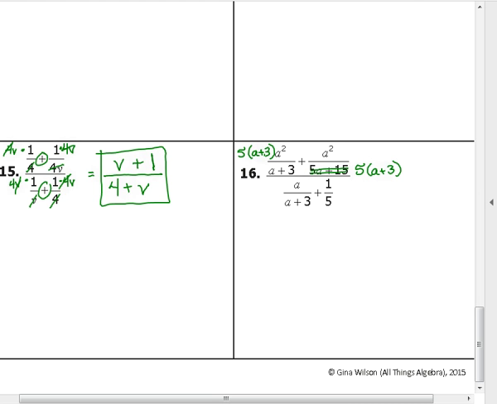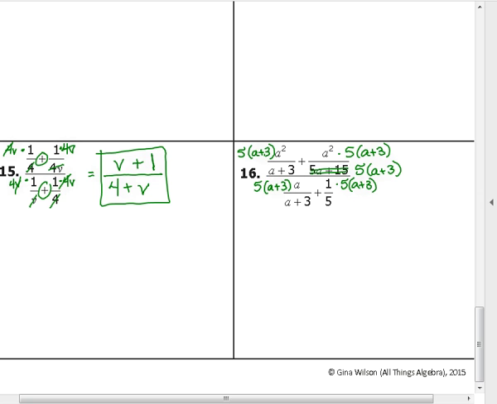I'm trying to eliminate all of my little denominators. So I multiply each term by the common denominator for the entire complex fraction.